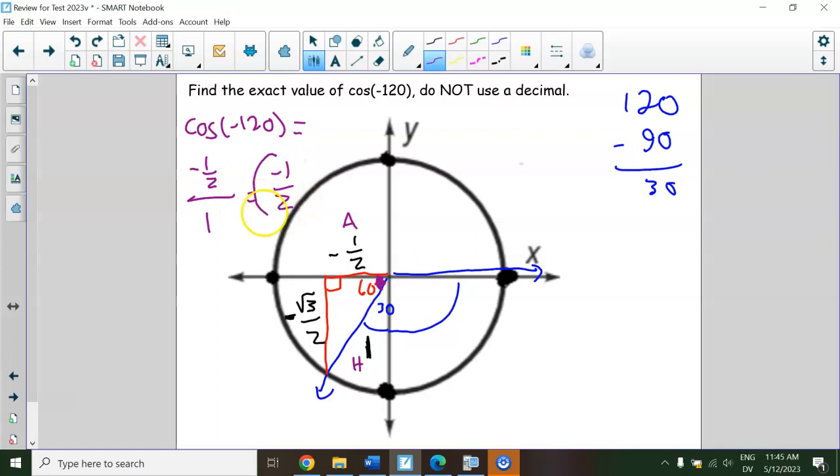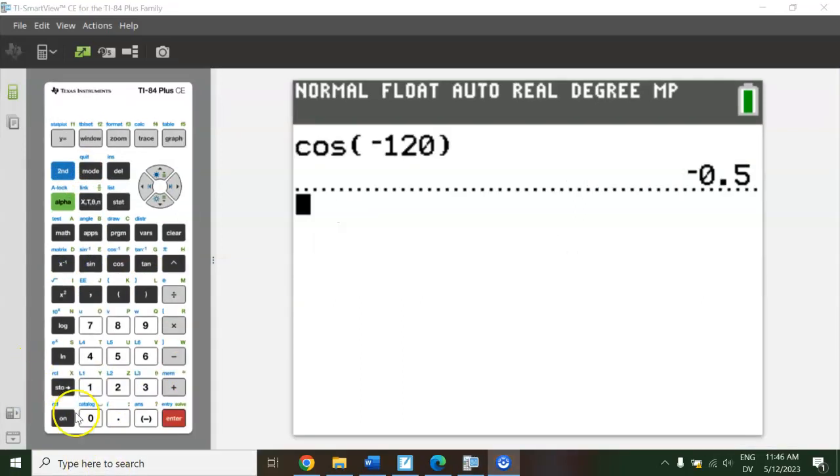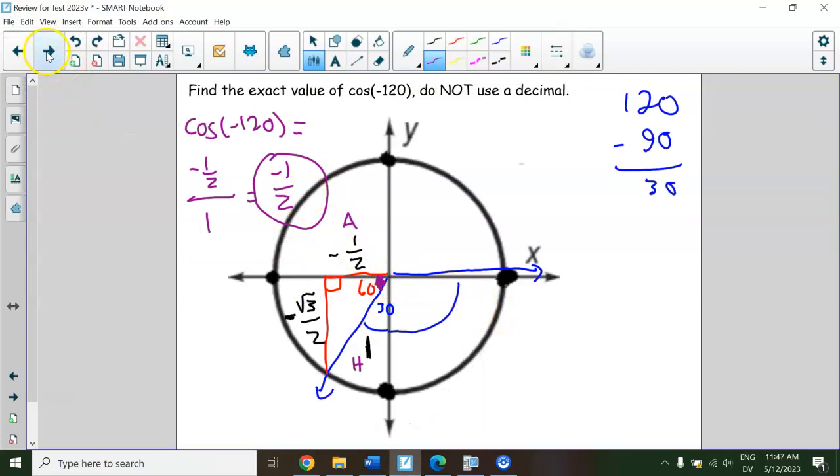Dividing by 1 doesn't do anything, so the cos of negative 120 should be negative 1/2, right? I would encourage you to check this on your calculator. Cos negative 120. We can see it works out to be negative 1/2, so that's a way to verify that our answer is indeed right.